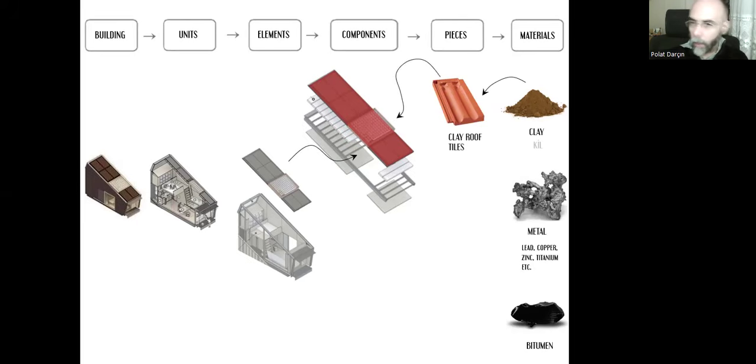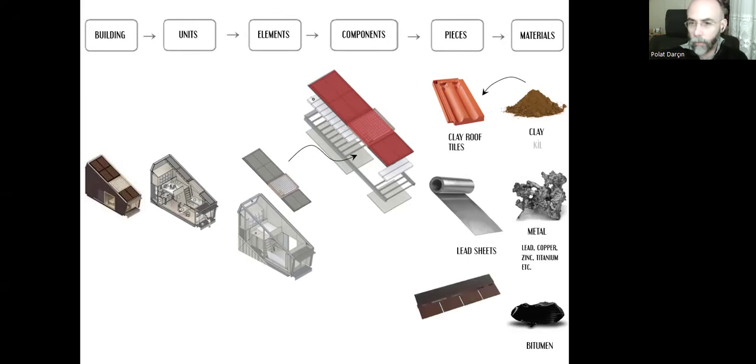We can apply them over the insulation layers. Using metal material, we can have sheets made out of lead, copper, zinc or titanium. We can apply them. And this bitumen can be used to create tiles, asphalt shingle tiles, and we can use these tiles to cover the surface of the roof.